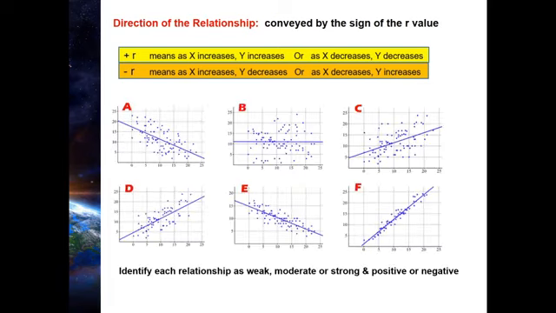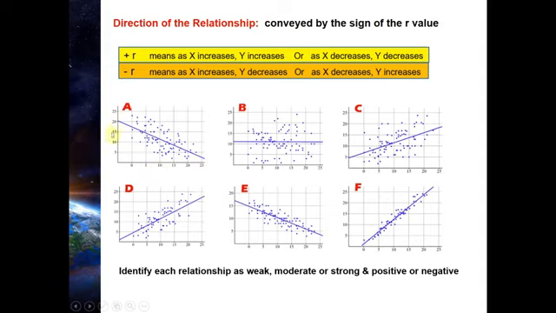You'll see that here. Okay, so here are some scatter plots to illustrate the direction of a relationship, and what that actually means. So if we look at A, we can see that as we move along the x-axis, what's happening to these numbers? They're going up, right? So as we move along the x-axis, the numbers increase.